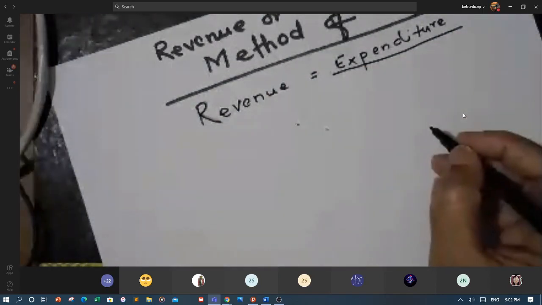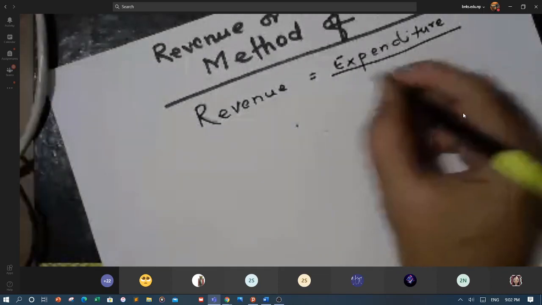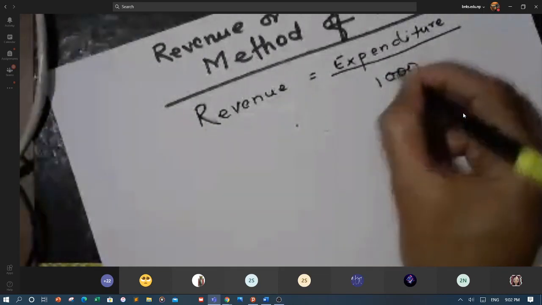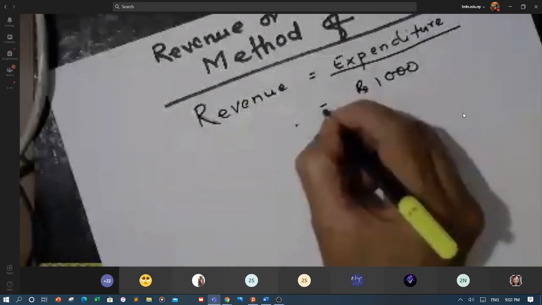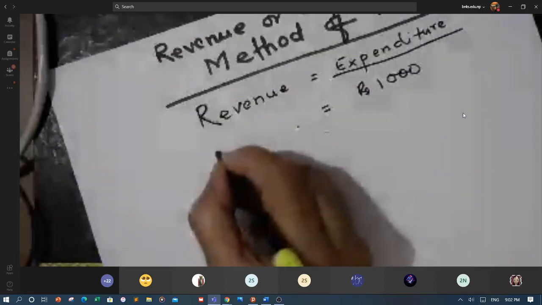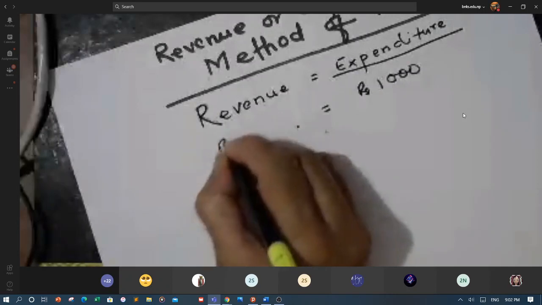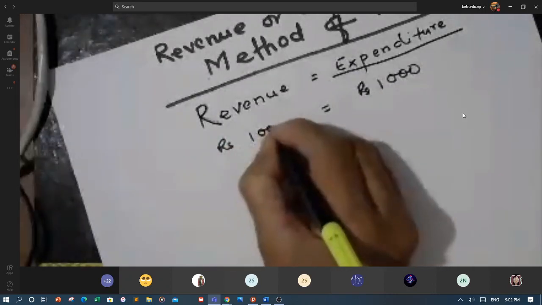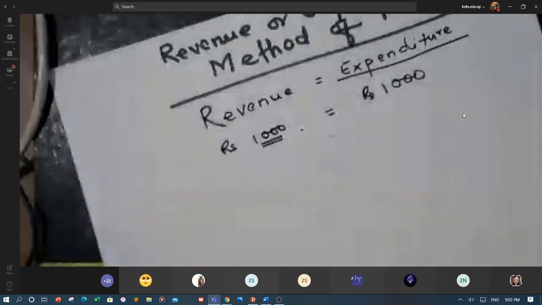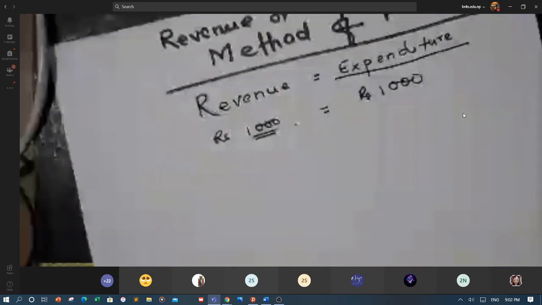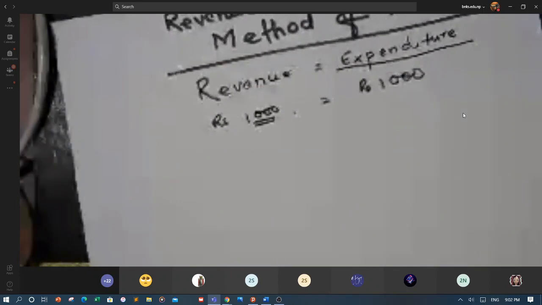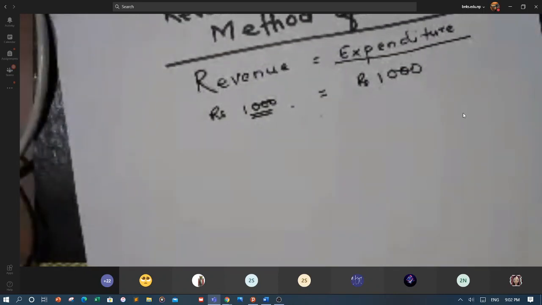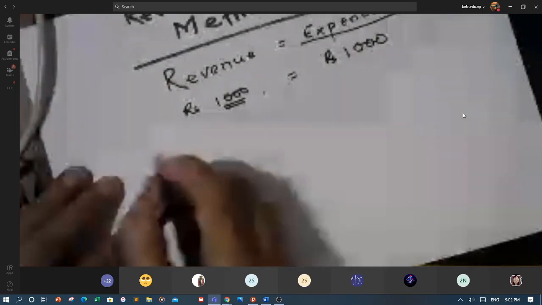You purchase goods equivalent to rupees 1,000, that is your expenditure, and Kamana receives rupees 1,000 as revenue. So from one perspective it is revenue, and from the other perspective it is expenditure, which is the same.